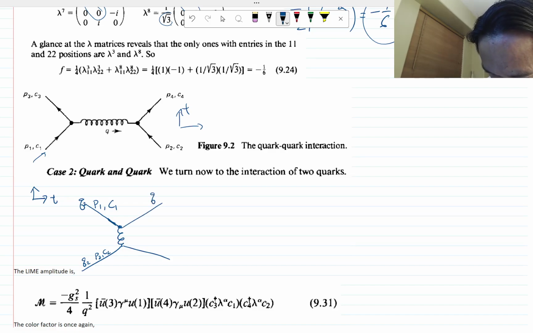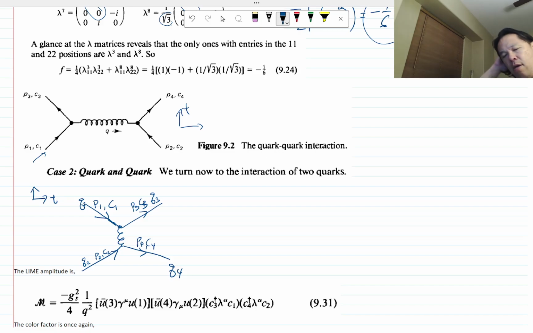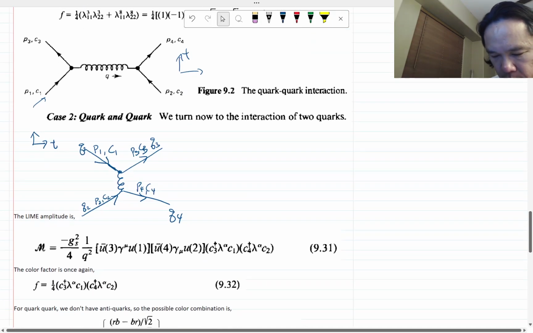So it's a very similar diagram, but instead of the particle going backward, which happens when you're doing an anti-particle, these are all going to be just particles. So this will be P3, color number 3. This will be P4, color 4. I'll let you guys figure out the matrix elements for this.